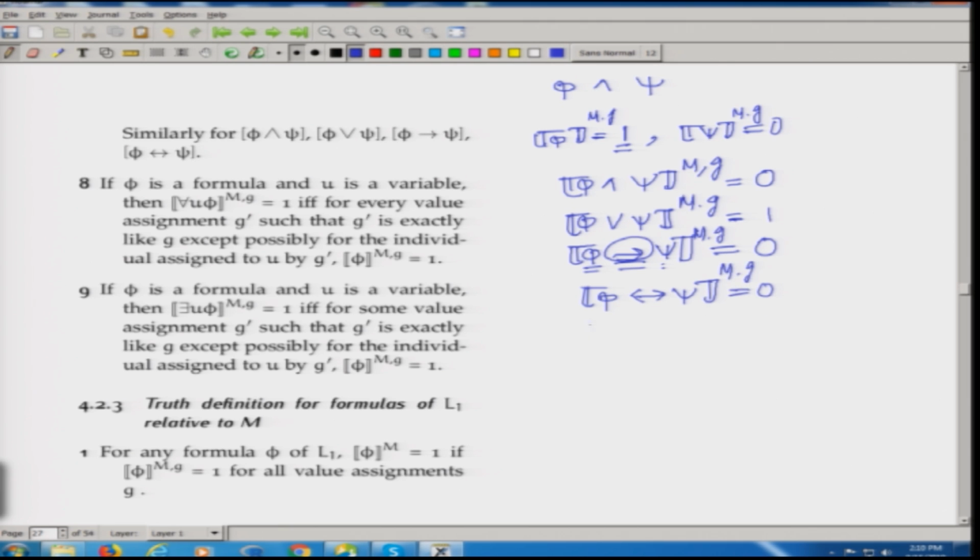It is because, as we have seen, this means phi implies xi and xi implies phi with respect to m and g. In order for this to be 1, both of these have to be 1. Since that is not the case, we have already seen that phi implies xi is 0. Because it is 1 and 0, it gives 0. So, that is the reason this is 0.